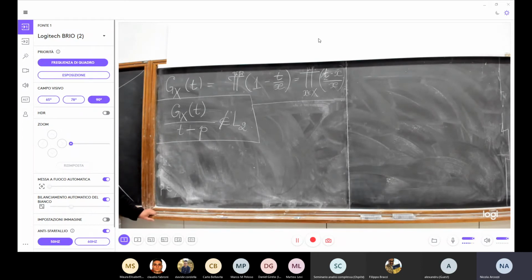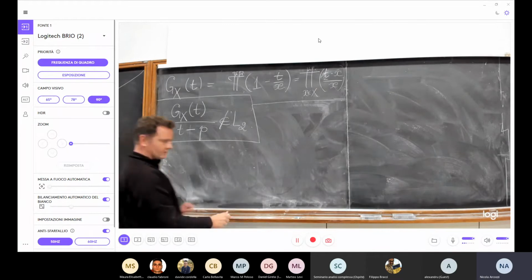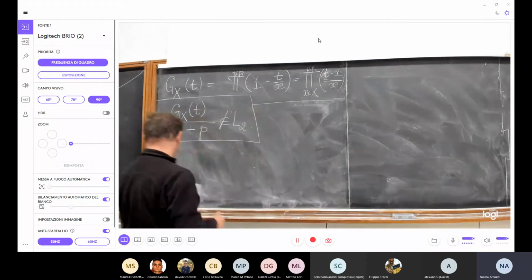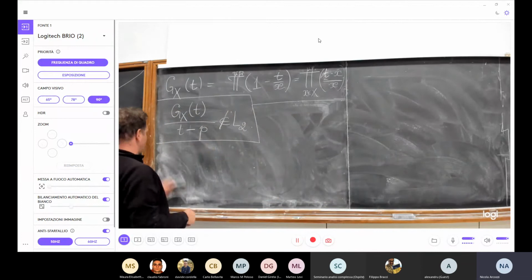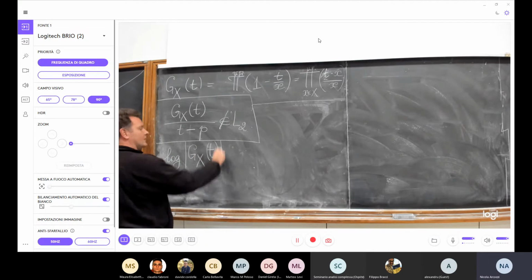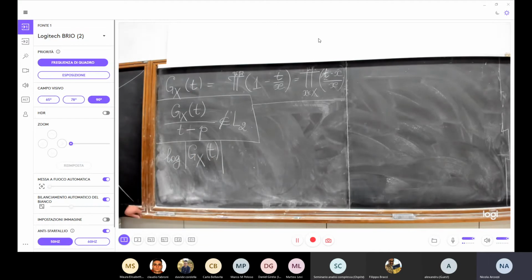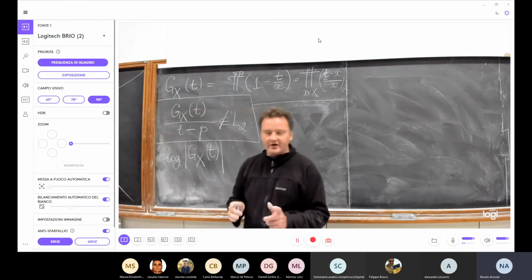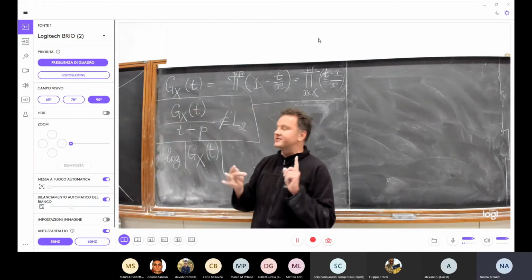Here we need to consider the logarithm of Gx of T. So Gx of T is a multiplicative functional, so its logarithm will be an additive functional. We only need, by the way, in considerations of characteristic polynomial, there are two considerations. It is important to consider the real part, and it's important to consider the imaginary part.